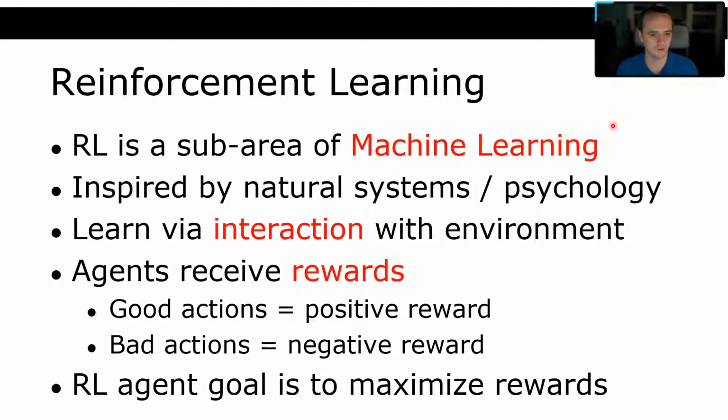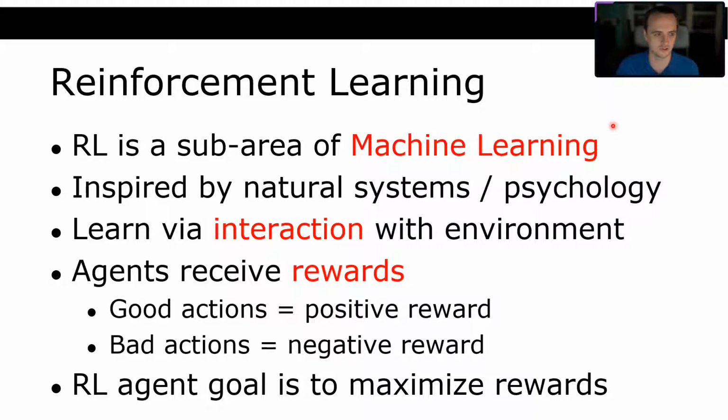So for example, if you were a little kid and you touched something hot like a stove or fire or a cup of tea that was really hot, your internal sense of touch triggered some sort of pain response because it was too hot. And so that was a bad action. You got a negative reward from that. And what your brain then did was associate that negative reward with, maybe I shouldn't do that again.